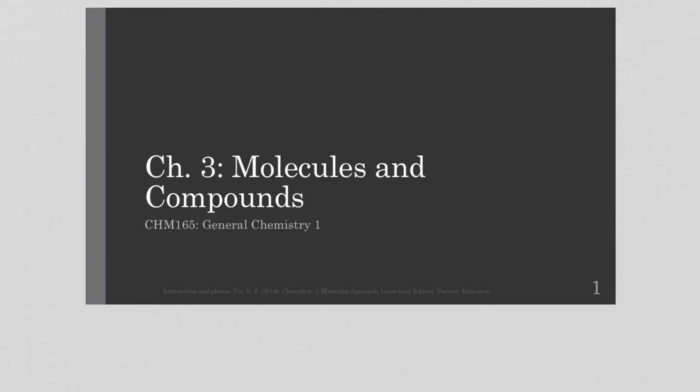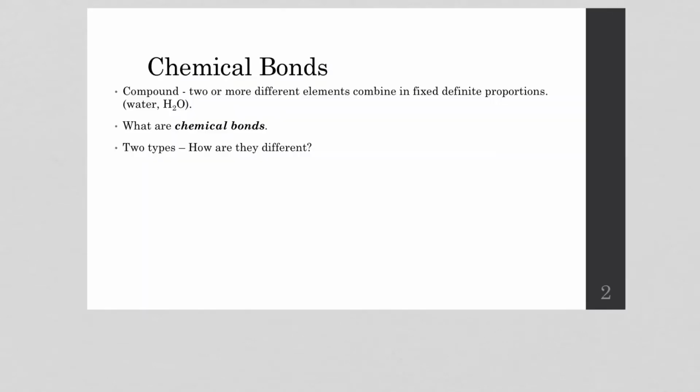So let's first of all just go into looking at what makes up a compound and how these compounds are held together. If we remind ourselves of the definition that we've talked about previously, a compound is two or more different elements combined in fixed, definite proportions, right?